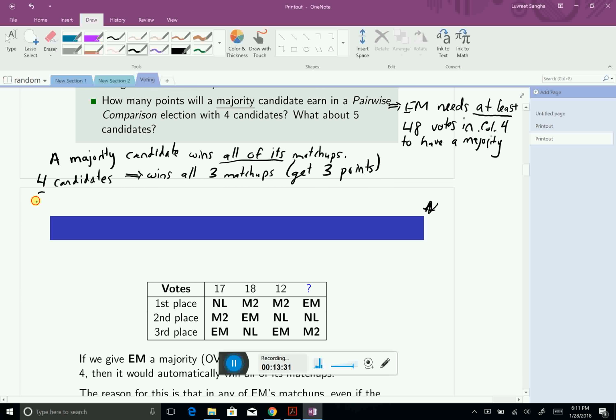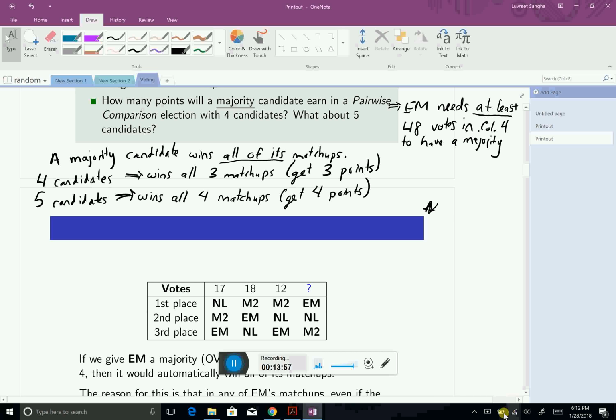If there were 5 candidates, then each person has 4 matchups. So a majority candidate, because it wins all of its matchups, would win all 4 of their matchups, and in that case they would get 4 points. Okay, so that's the answer to that second question.